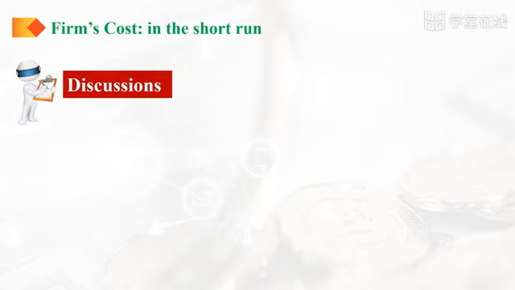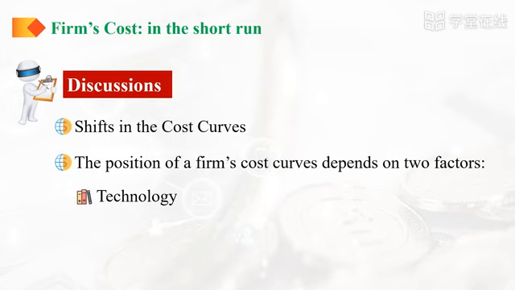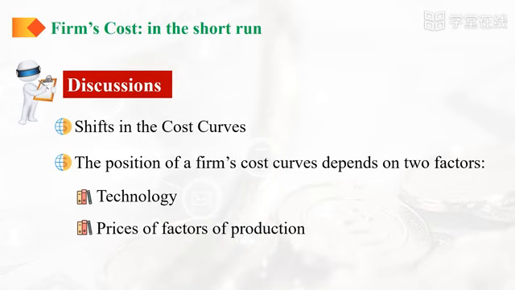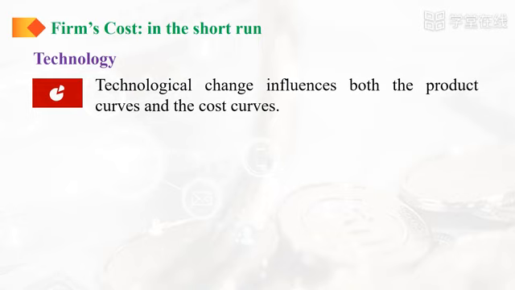Now, let's consider how cost curves shift. The position of a firm's cost curves depends on two factors: technology and the price of inputs. Technological change influences both the product curves and the cost curves.